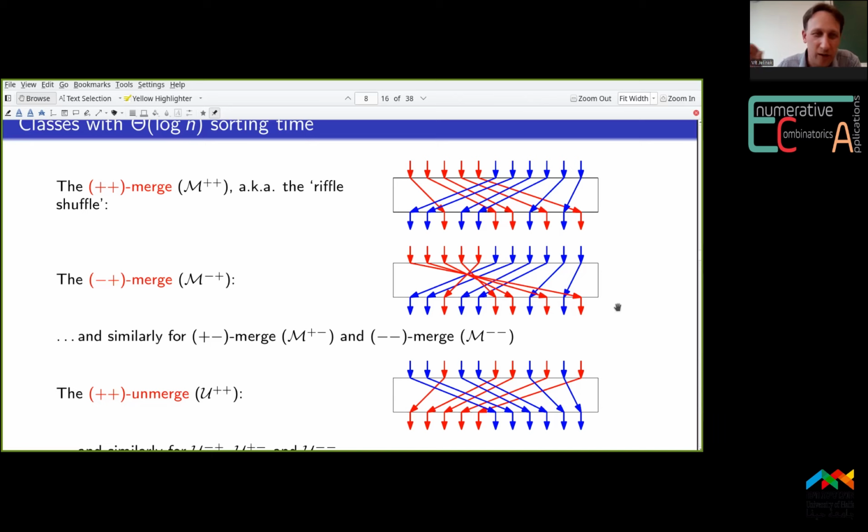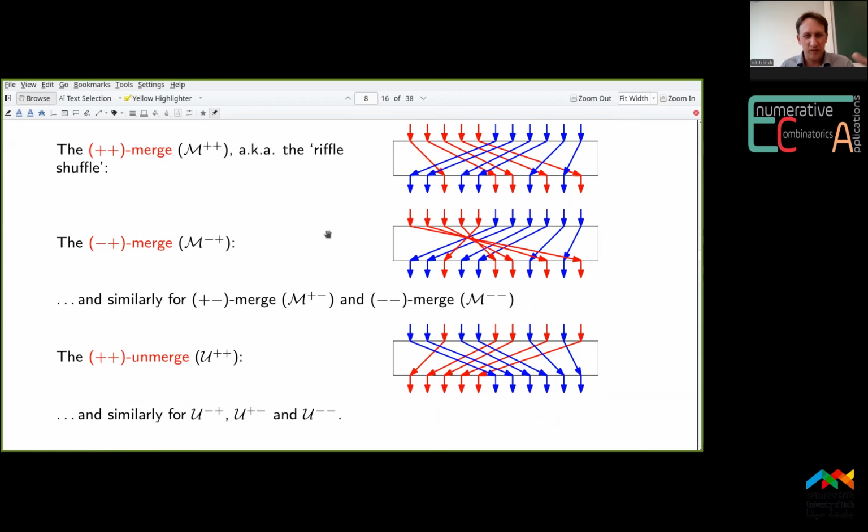So these are four classes, and again, it's not too hard to convince yourself that with any of these four classes, I can perform merging in order of log n steps. Indeed, the classical sorting algorithm merge sort is basically sorting with plus plus merges in log n steps.